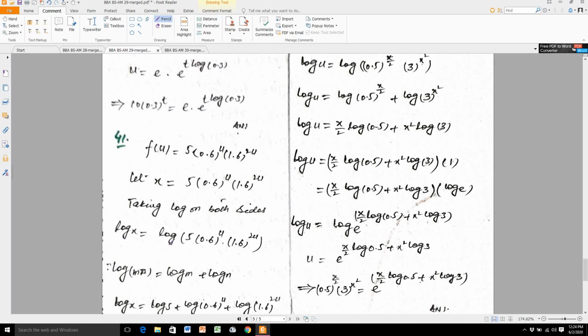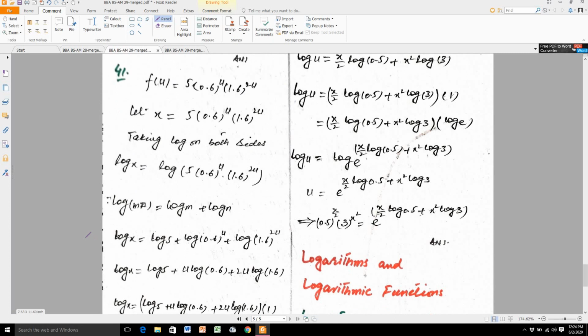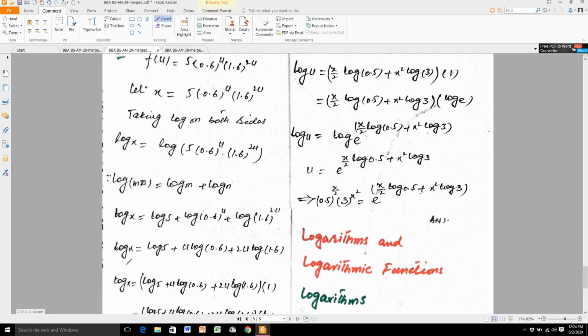Log x is equal to log of 5 into 0.6 whole raised to the power u, then 1.6 whole raised to power 2u, and you know that when two things multiplied with each other and we apply log on them, it splits them with a positive sign, log m plus log n. So I am using this property here, log x is equal to log 5 plus log of 0.6 whole raised to power u plus log of 1.6 whole raised to power 2u.